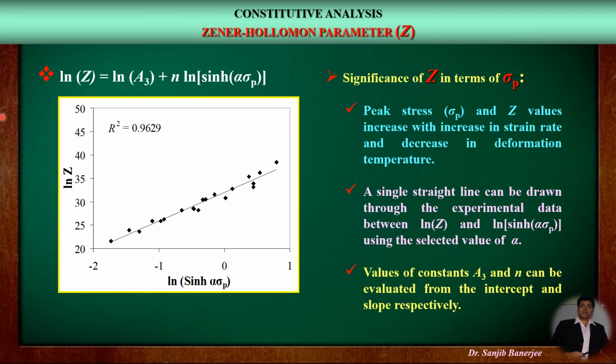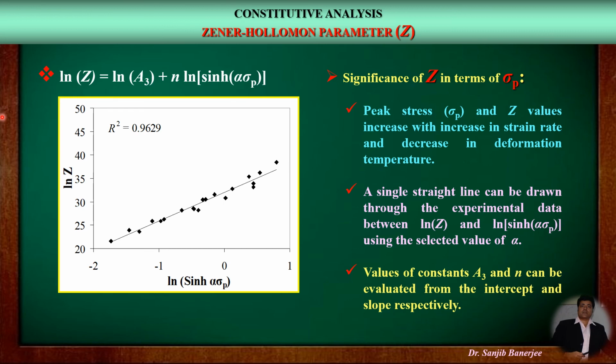Thus, the significance of the Zener-Holomon parameter Z may be summarized as follows. The peak stress sigma p and Z values, both of them increase with increase in strain rate and decrease in deformation temperature.